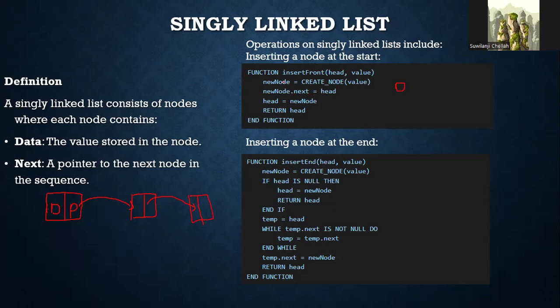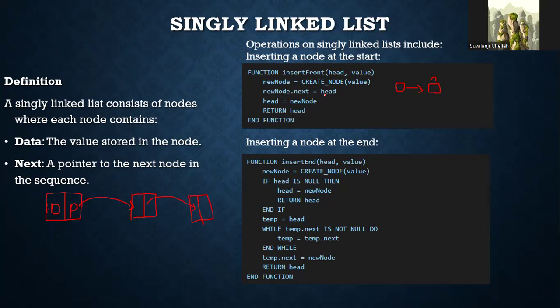Here we've created a new node and we've labeled it as new node. Then new node dot next, meaning we create another node which is going to contain the contents of the head, right? So the new node dot next contains the head.